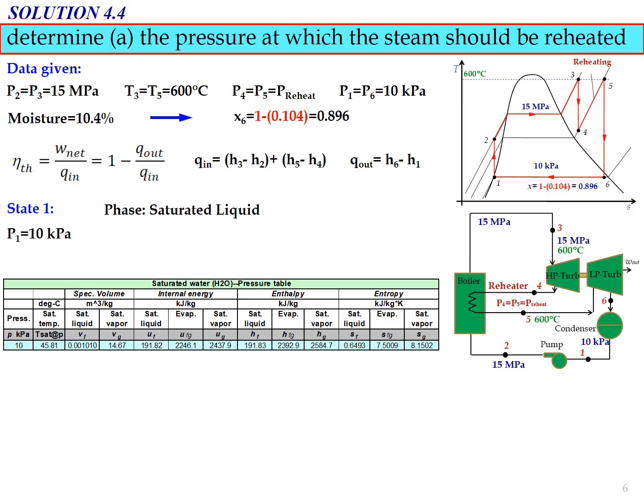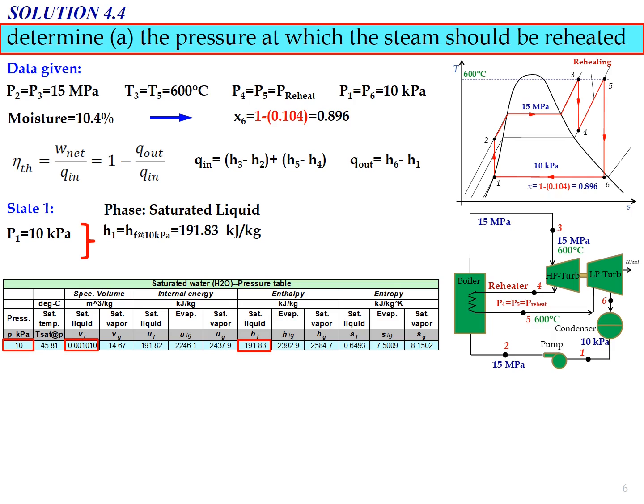Okay, by referring to the saturated water pressure table at 10 kilopascal, we can determine the value of H1, where H1 equal to hf at 10 kilopascal, equal to 191.83 kilojoule per kg.